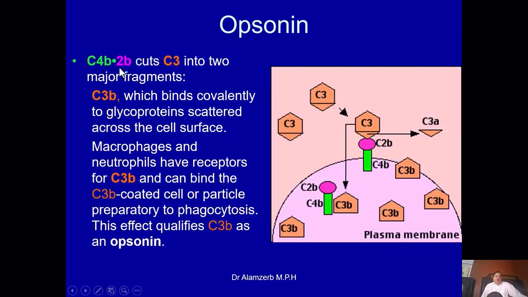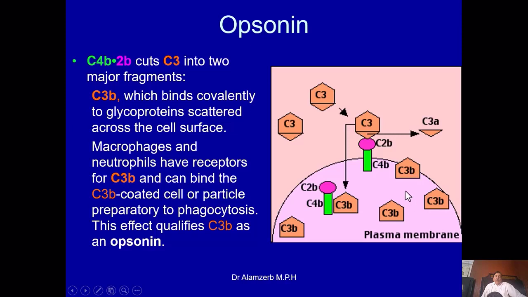Opsonization: C4B and C2B cut C3 into two major fragments. C3b, which binds covalently to glycoproteins secreted across the cell surface. Macrophages and neutrophils have receptors for C3b.